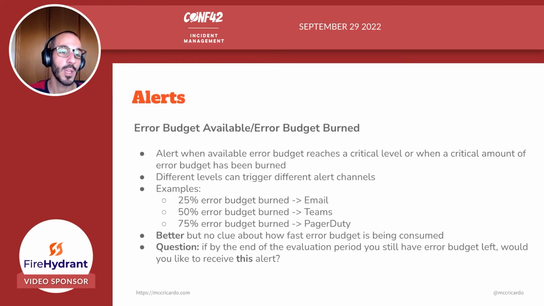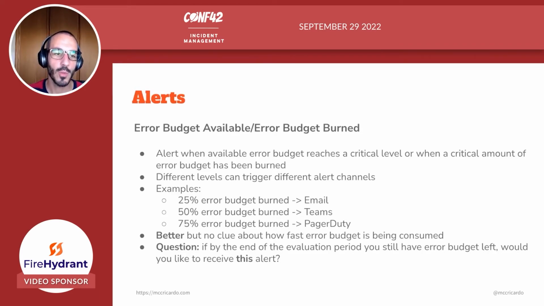Probably not, because I will still be within my bounds of the amount of reliability that I have, so I can make the decision to actually release more features or do other type of work because I still have some unreliability that I can account for.